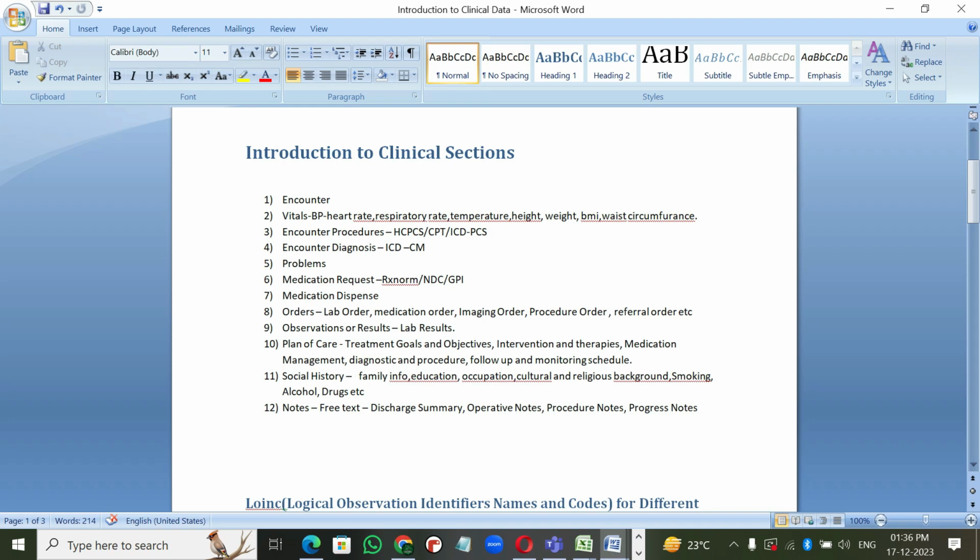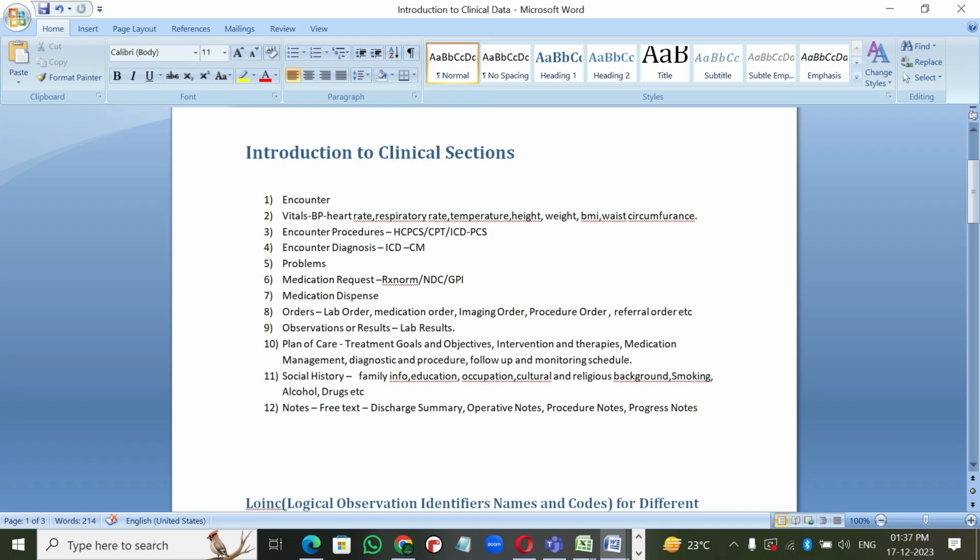Observation or results, mostly lab results. Once the laboratory completes the test, they will send the result to the EHR system through the HL7 standard, and the EHR system will be able to ingest that record.